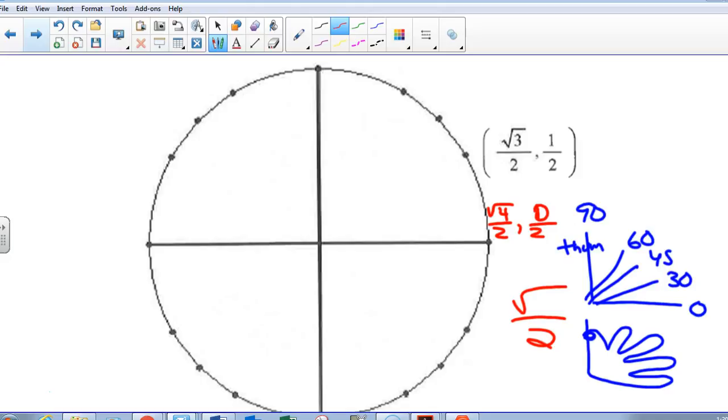If I fold this finger in, I have what? 2 above, 2 below. If I fold this finger in, I have 1 above, 3 below. Okay? If I fold this finger in, I have none above, 4 below.